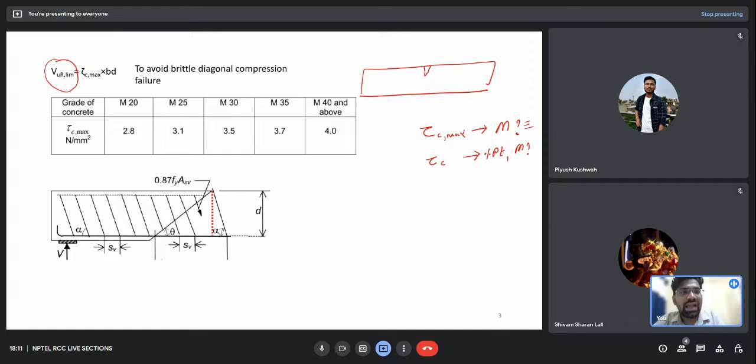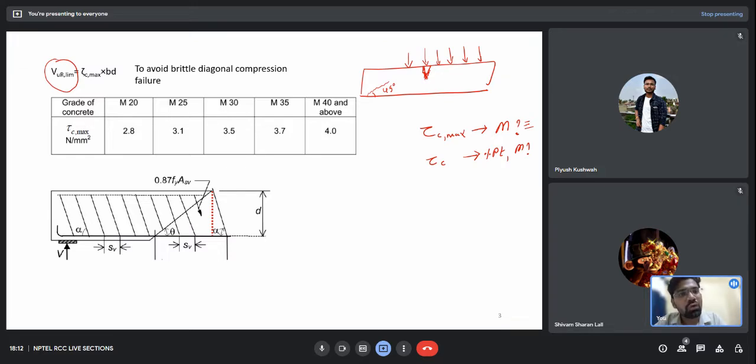Diagonal compression usually acts at this point, like this. It is a brittle failure under compression loads. 45 degrees is usually for the shear cracks, and to take those shear cracks into consideration, we provide the shear reinforcement.